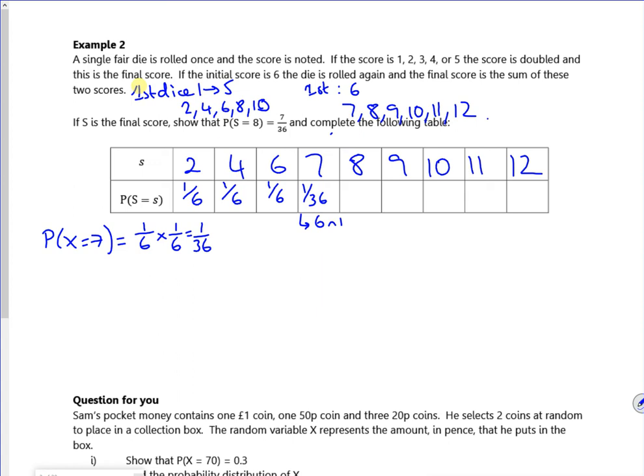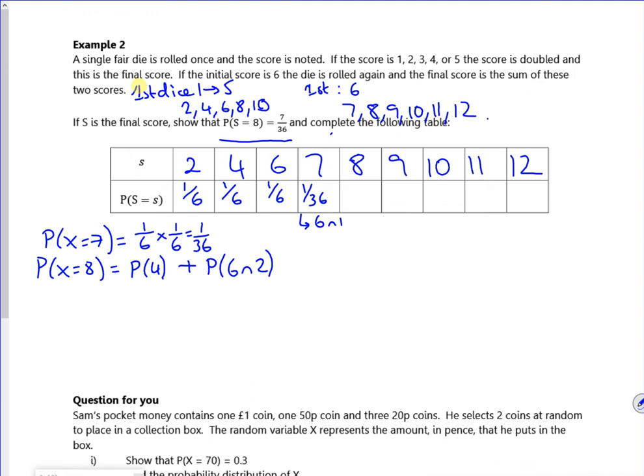Now it says, show that 8 is 7 over 36. So think about the probability of getting an 8. An 8 can be the probability of getting a 4, or, so add, the probability of getting a 6 and then a 2.